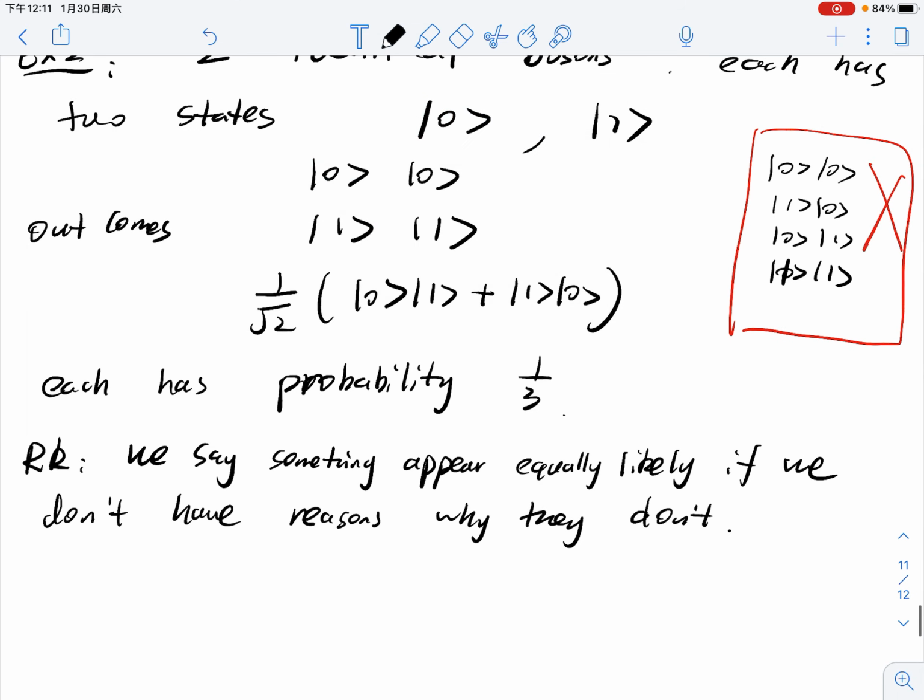Okay, then you have three cases, but for these three cases you don't have a solid reason that the first one, 00, occurs much more frequently than the second one, 11. If you don't have a solid reason, then you just view them as equally likely.